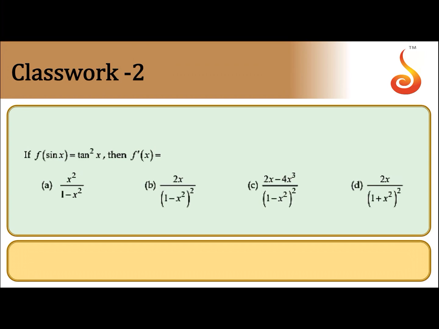f of sin x is equal to tan square x. Then what is f dash of x? Tan square x can be written as 1 divided by cot square, and cot square can be written as cosecant square x minus 1.